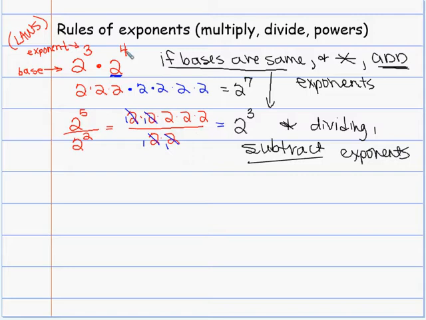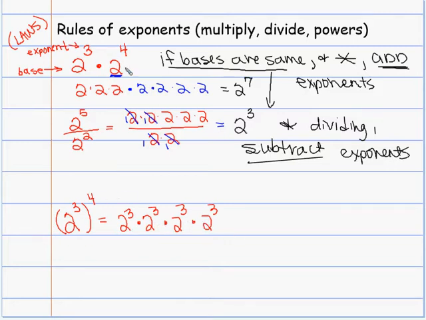Okay, one more example. That was multiplication and division, now powers. So if I have 2 to the 3rd power in parentheses, and I have that all to the 4th power. What I really have here is 2 to the 3rd power times 2 to the 3rd power times 2 to the 3rd power times 2 to the 3rd power, because I need to use that base, that item that is inside the parentheses, 4 times.